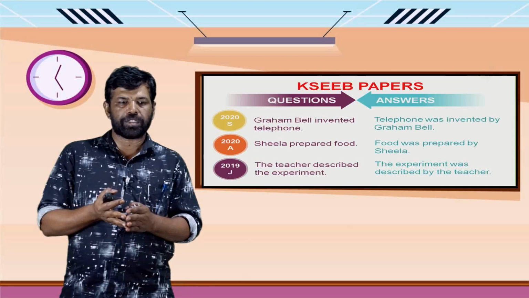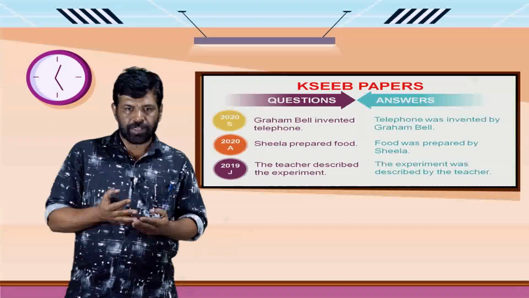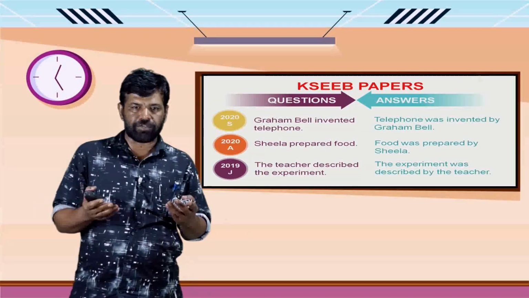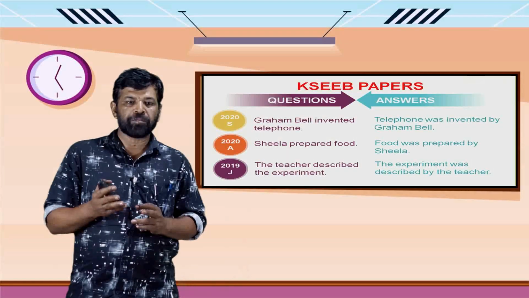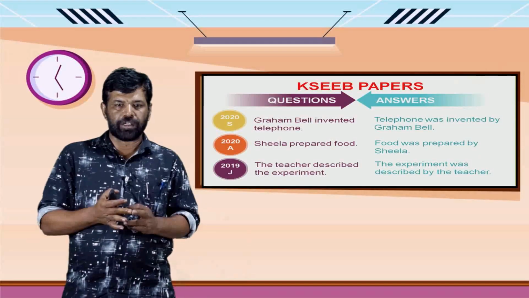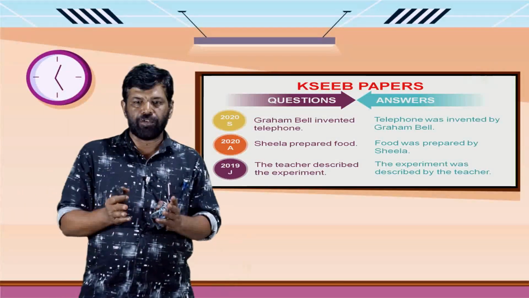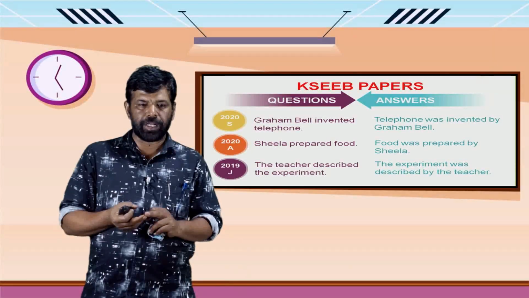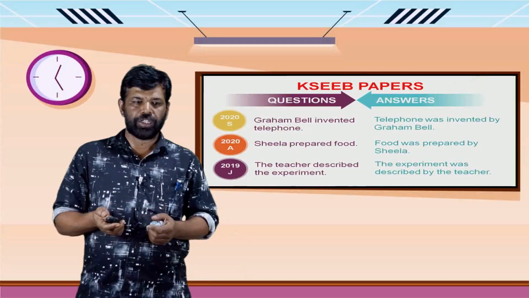This is from active voice and passive voice. On the left side you have questions, and on the right side you have answers, that is, active voice on the left and passive on the right side. From 2020 supplementary, we have Graham Bell invented the telephone, changed into passive as the telephone was invented by Graham Bell. From 2020 April, Sheila prepared food, and food was prepared by Sheila.